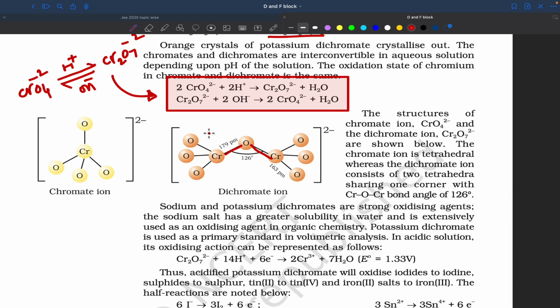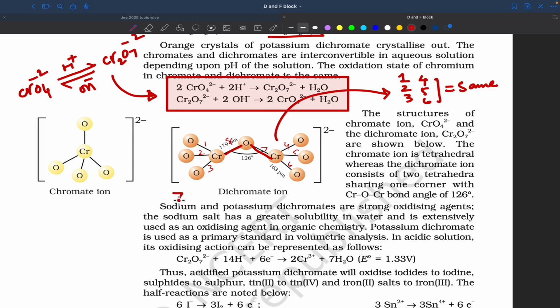So here bonds of chromium to oxygen: 1, 2, 3, 4, 5, 6, 7 and 8. What you have to remember is that numbers 1, 2, 3, 4, 5, 6 are similar bonds, same bonds.